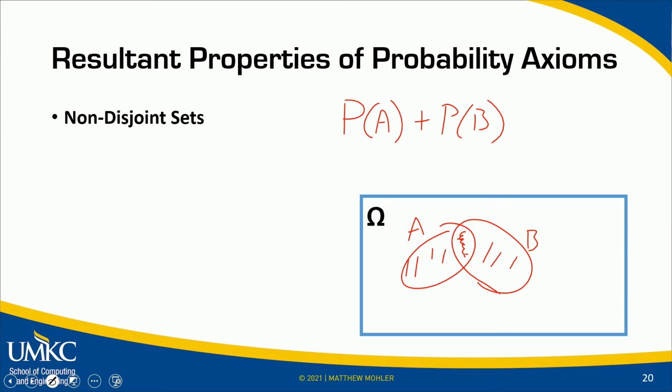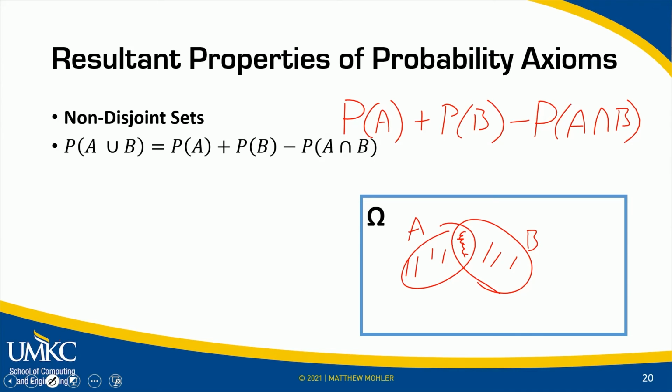So we need to remove that from our overall equation once so that everything is included only once. And the easiest way to do that is to simply subtract the probability of A intersected with B. And you'll see that over here, that the probability of A unioned with B is just the probability of A plus the probability of B minus the probability of A intersected with B.